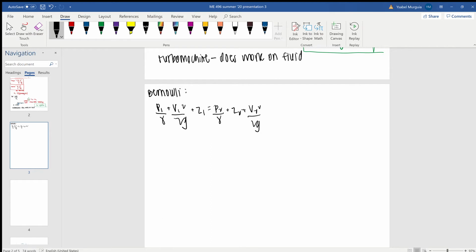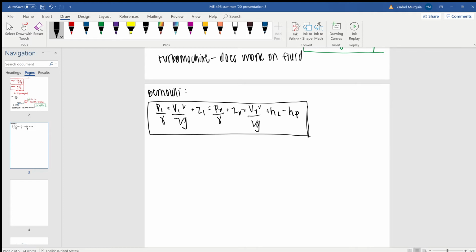Okay, and there is going to be some head loss produced by these two tanks in the pump, so we're going to have to add the head loss. We could subtract it from the left side, but we can also just move it to the right side. And then we are going to subtract the head added by the pump, so the pump is going to add some head. So this is the equation that we are going to use.